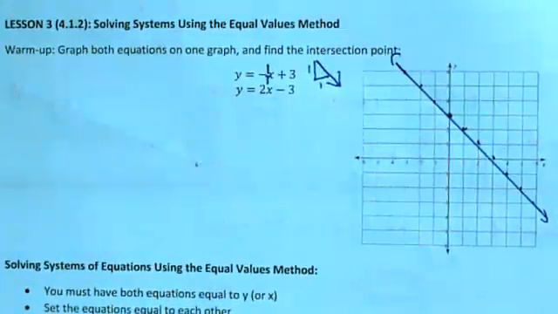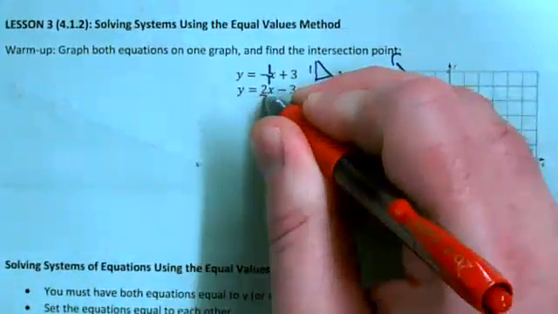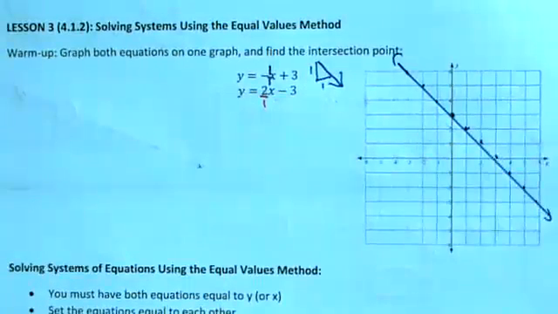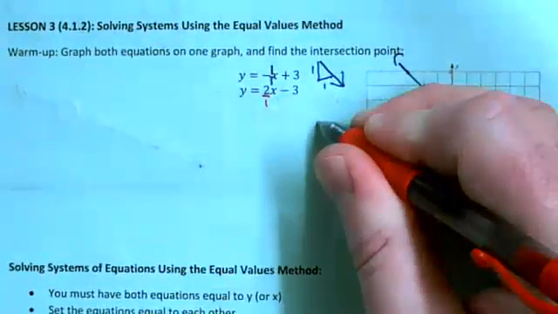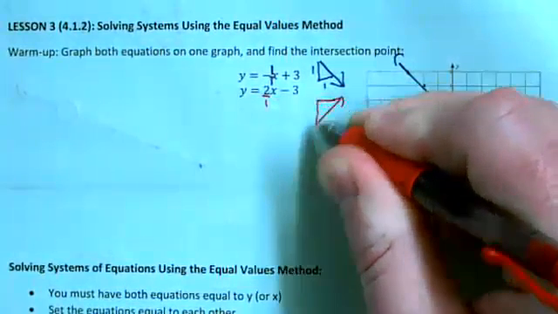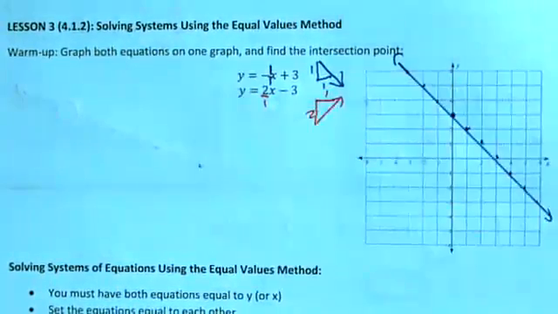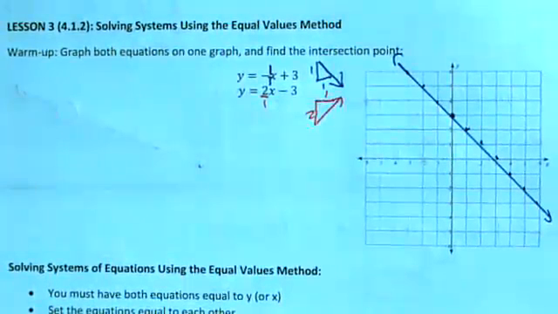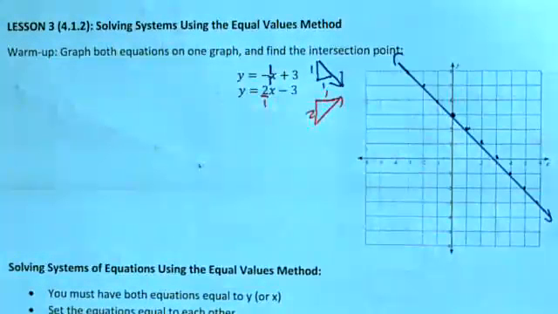Got them both graphed? All right, my second equation has a 2 in front of the x. It's actually a 2 over 1. And it's positive, so this one's going to be going uphill. So I'm going to go up 2 and over 1. We need to be very careful with positive and negative slopes. That's where a lot of folks are making mistakes. It's a really easy mistake to make too.